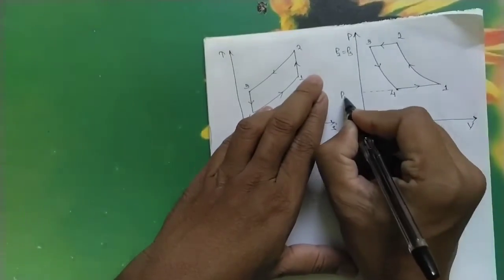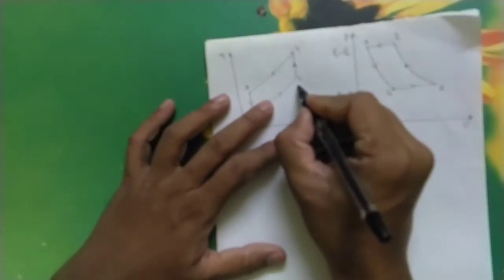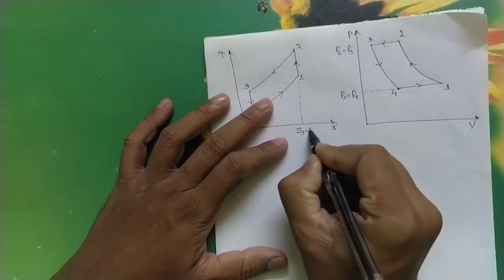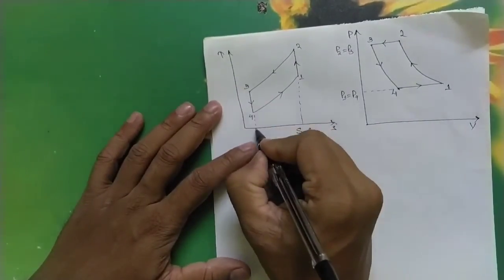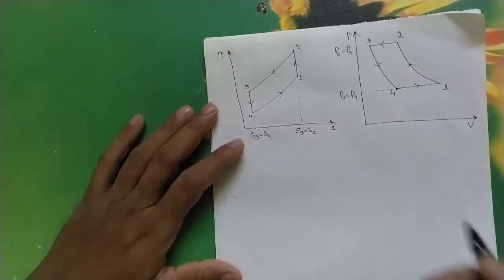Here pressure P1 equals P4, and 1 to 2 is isentropic, so S1 equals S2, and 3 to 4 is also isentropic, so S3 equals S4.